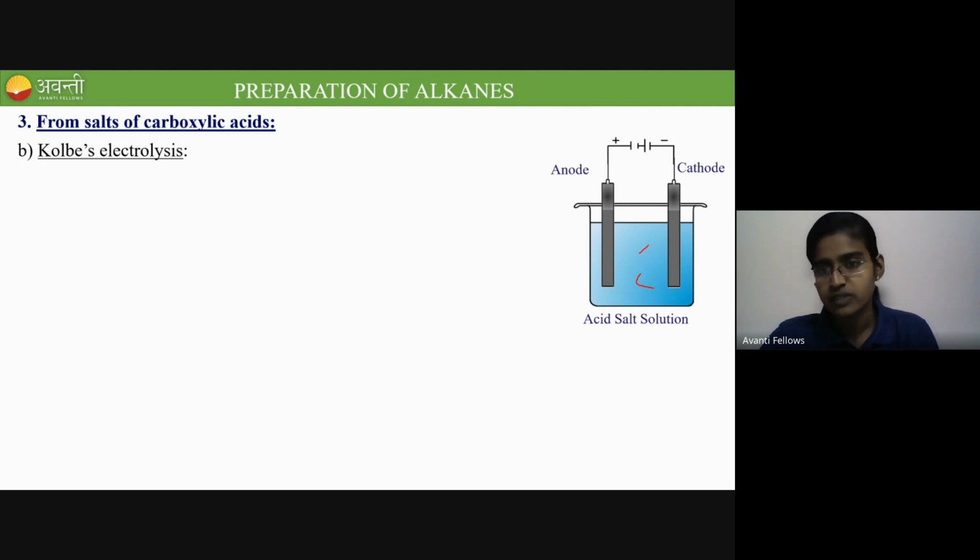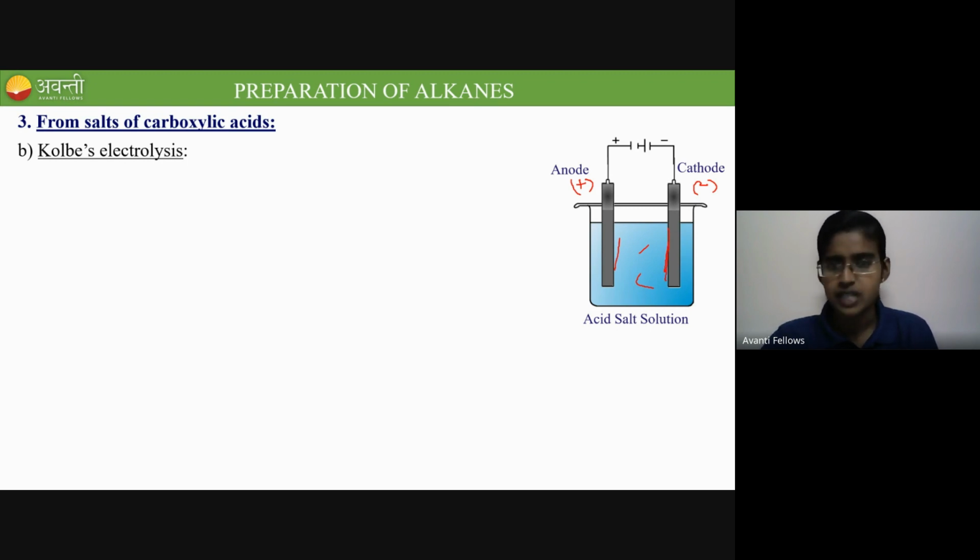The charge of the cathode is negative and the charge of the anode is positive, and they are connected to the terminals. Now if I switch on, movement of electrons or movement of ions occurs inside the solution, and the products will come and get deposited on the surface of the electrode. This is called electrolysis.